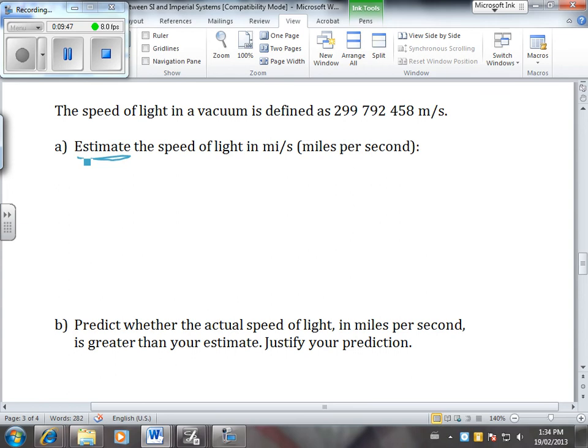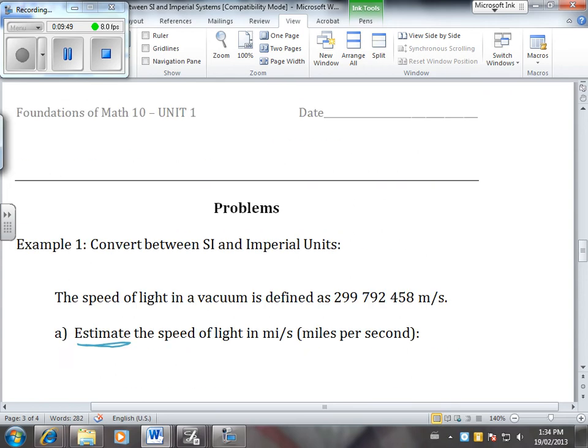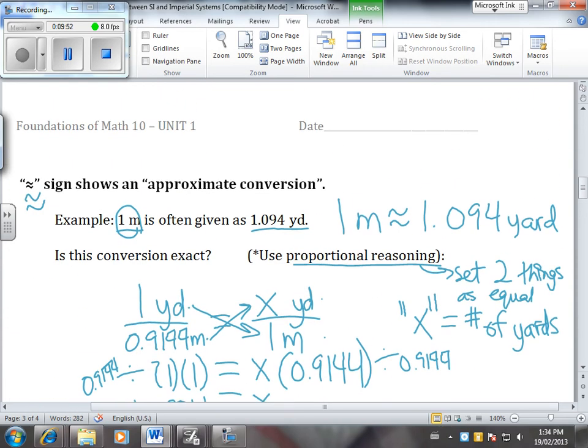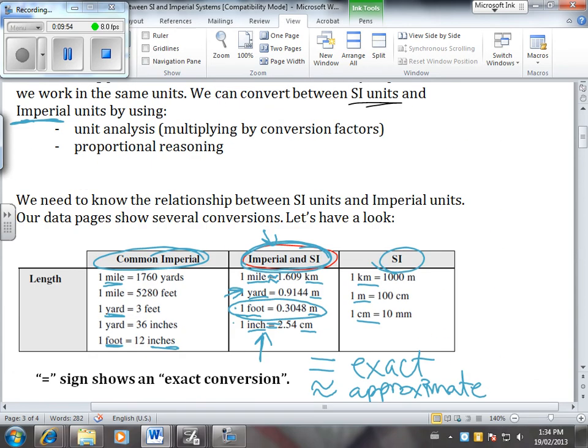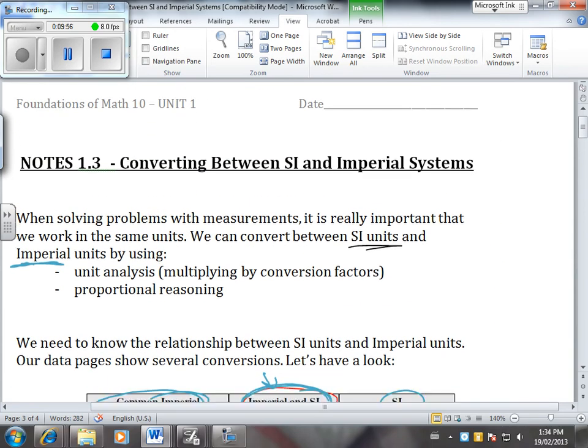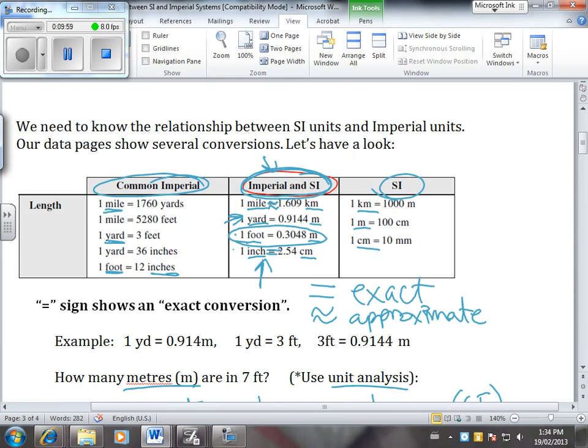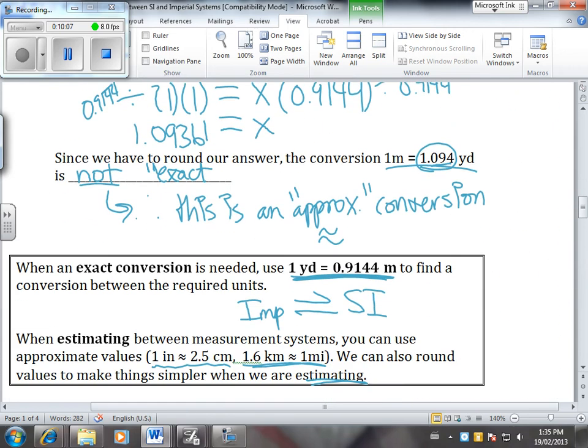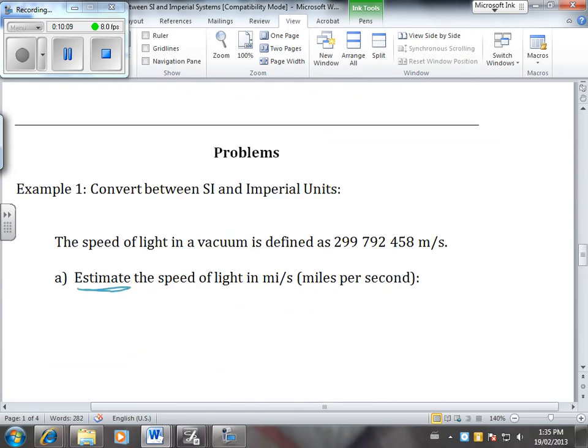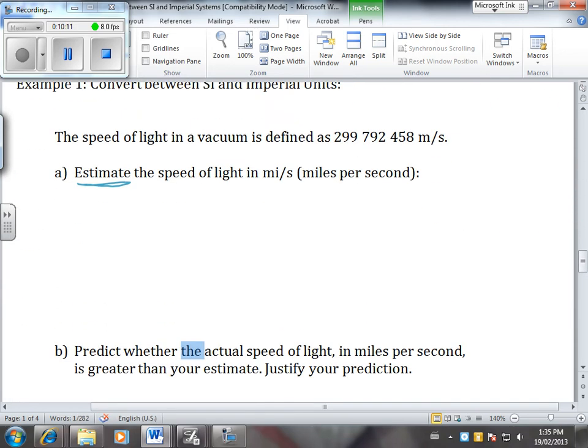So we're going to estimate, which means if we go back to our conversion factors, all the way back to the front page, we can see that we can use this comparison, because it's approximate. So since it's approximate and we're estimating, that works. Or since we're estimating, we can use approximate values.